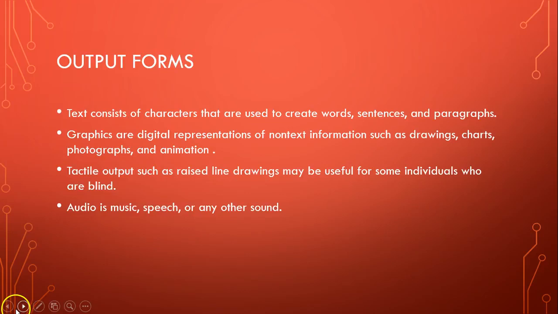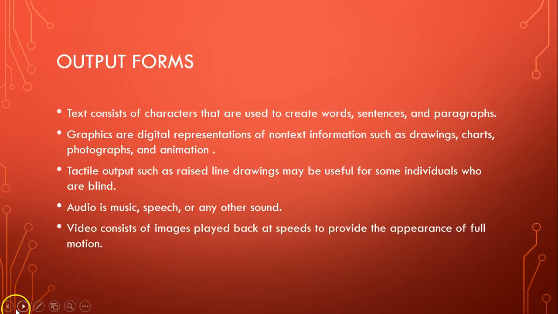Audio is things such as music, speech, or any other sound. And then, of course, video consists of images played back at speed to provide the appearance of full motion. Remember, video is not truly a constant motion. It's actually a series of images that our eyes process to create the illusion of movement.